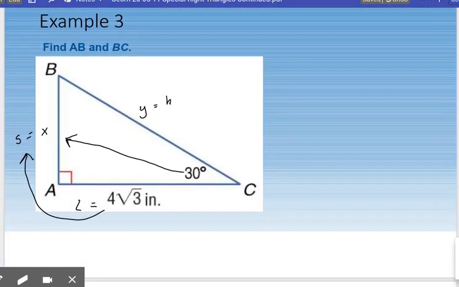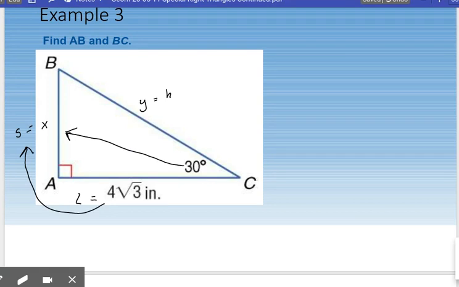So the first thing I'm going to do is go from the long leg to the short leg. And if you look back at your notes, when you do that, we are dividing by the square root of 3. So I have 4 square root of 3 divided by square root of 3. Those will cancel each other out, and I'm left with 4.